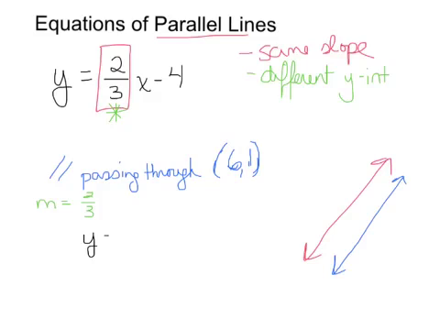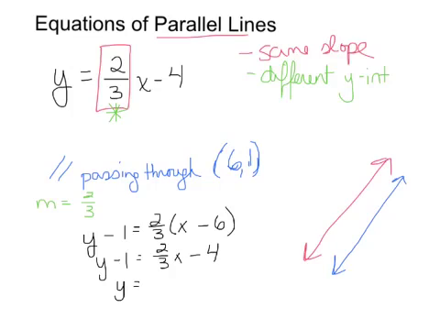So in this case, y minus 1 is going to equal the slope of 2/3 times x minus 6. So if I go through and solve, I have y minus 1 is equal to 2/3 x minus 4. I'm going to add 1 to both sides, so I have y is going to equal 2/3 x minus 3.